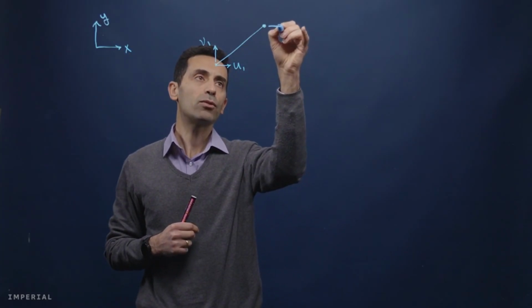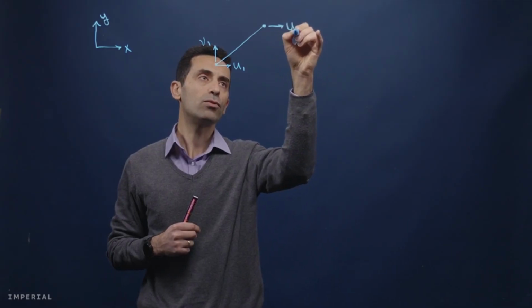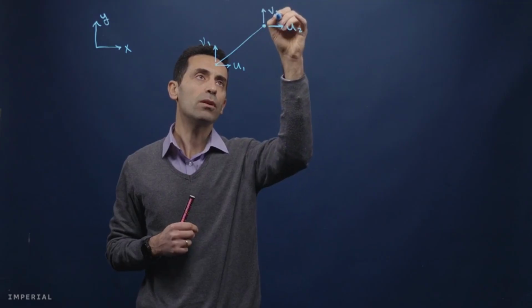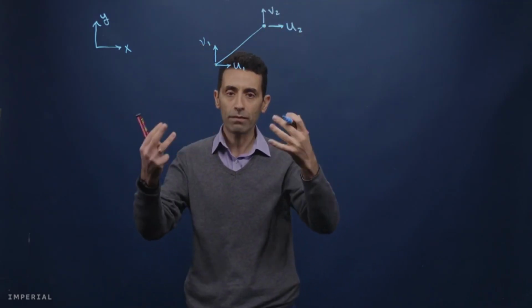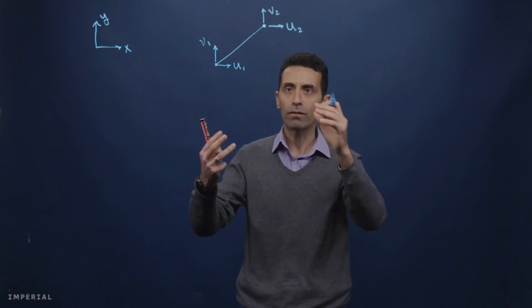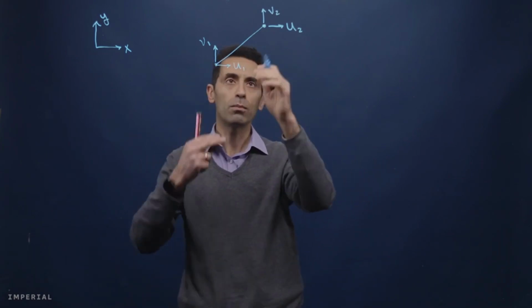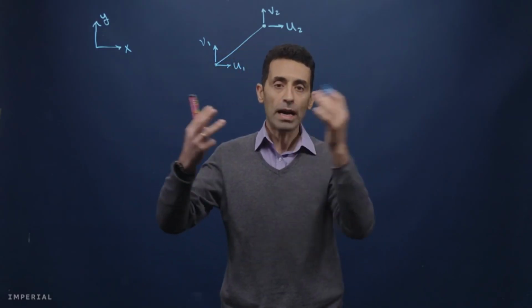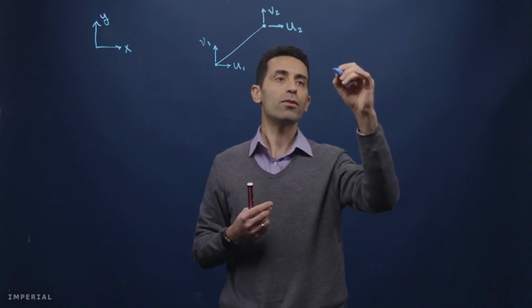And the same thing for node number 2. So we have U2 and we have V2. Okay, so this completely defines the so-called kinematics, the displacement of the entire element, node number 1 and node number 2.